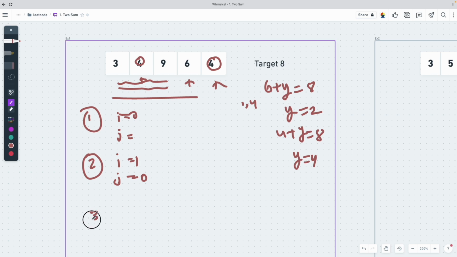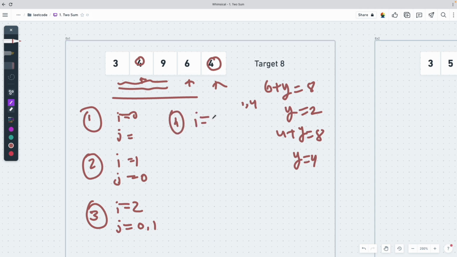We will continue. In the third iteration, i is at 2 and j is less than i, so 0, 1. 9 plus 3 is 11, that is not the solution. 9 plus 4 is 13, that is also not the solution. So let's go to the next iteration. Fourth iteration.